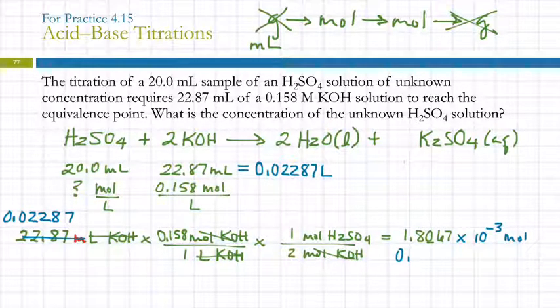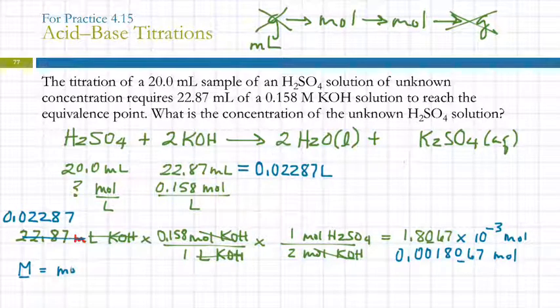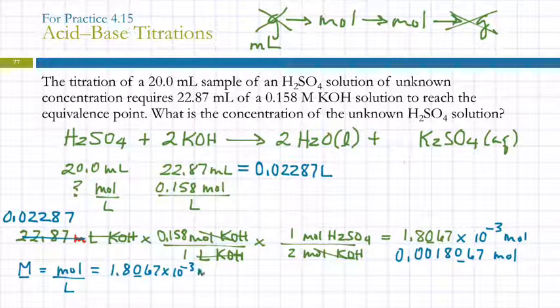Or 0.0018067 moles. Molarity is moles over liters. That's what I'm trying to find. So I'm going to put the moles, 1.8067 times 10 to the minus third moles.